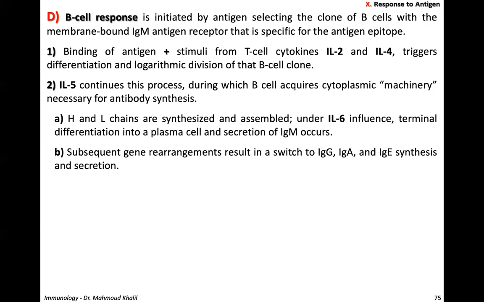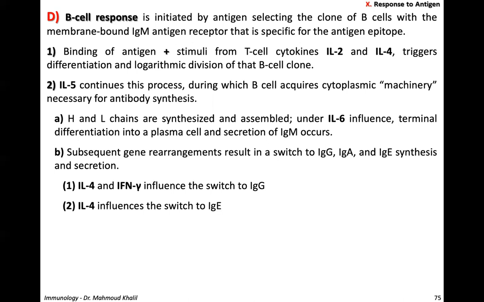The subsequent gene rearrangement results in the class switching, if the cell needs class switching to IgG, IgA, IgE synthesis and secretion. So to summarize, interleukin 4, together with interferon gamma, influences the switch to IgG, while interleukin 4 alone influences the switch to IgE.